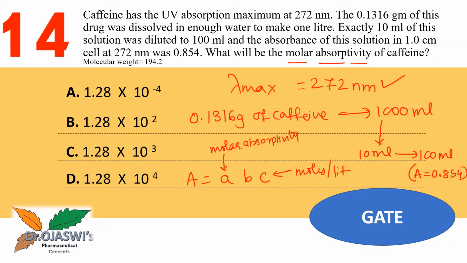So absorbance we know, that is 0.854. Concentration we will calculate now. We know the amount of drug which is there in the solvent. So the concentration of this 100 ml we will calculate in terms of moles per liter, and then we can simply calculate the molar absorptivity. Let us see.